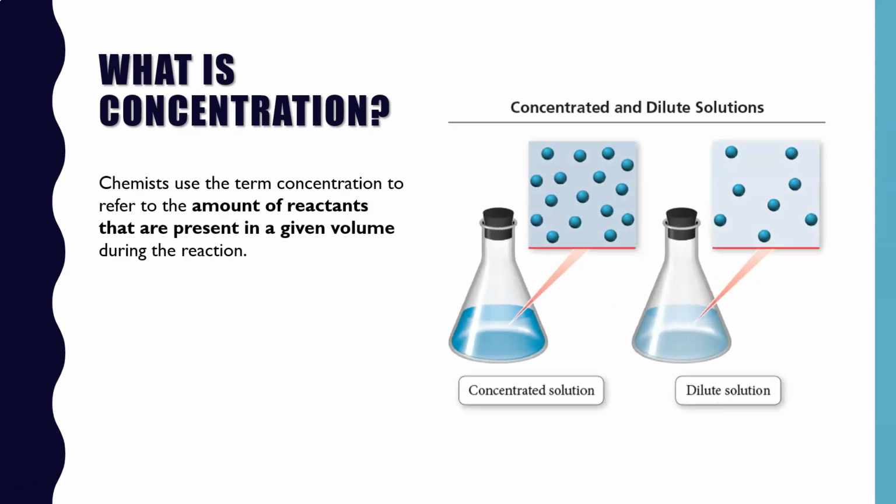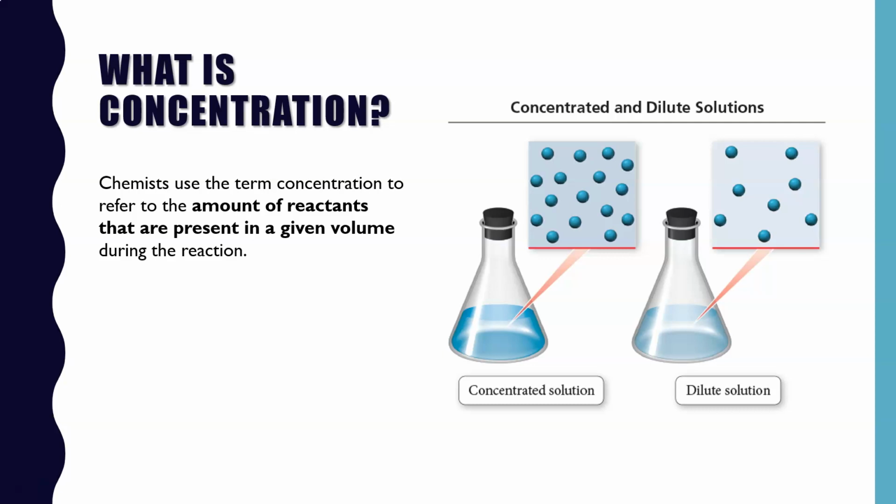So what is concentration? Chemists use the term concentration to refer to the amount of reactants that are present in a given volume during the reaction. So if we have a look here, and we've got the particle models, we've got our 2 conical flasks. On the left hand side, we've got a higher concentration, so a concentrated solution, and you'll see there's more particles in that given area, that square.